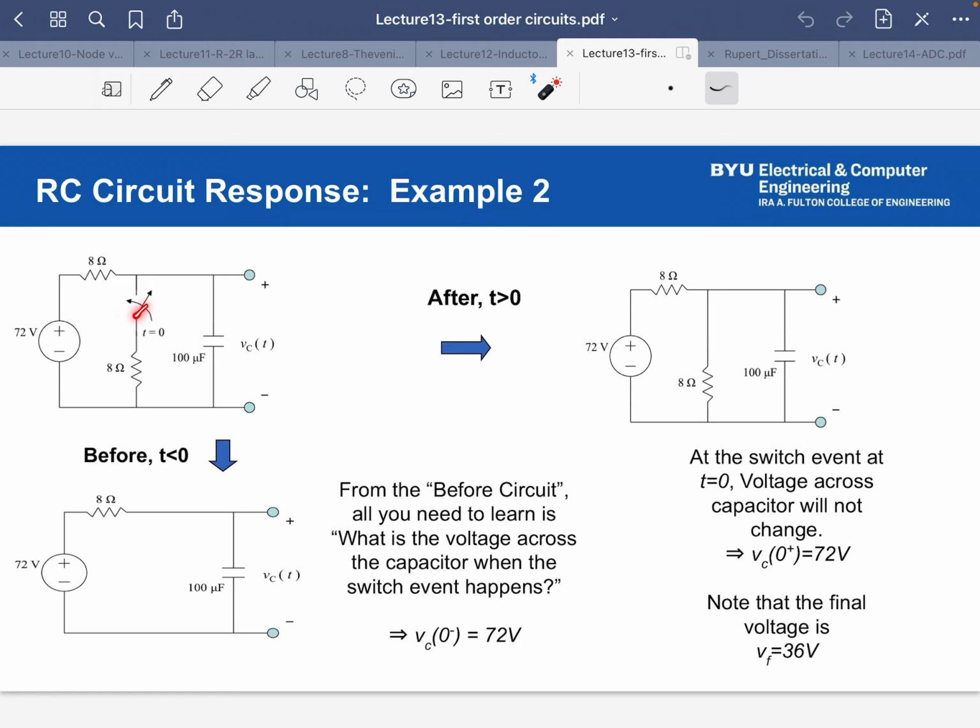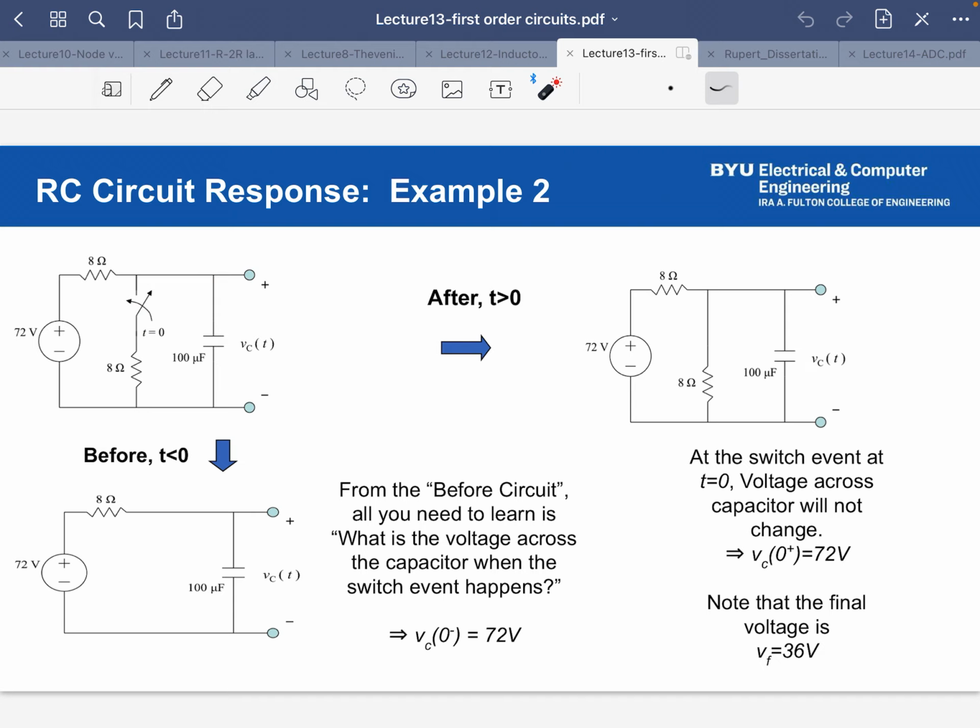Before time t equals 0, this switch is open, and essentially the capacitor can charge up. When the switch is closed at time t equal to 0, the voltage on the capacitor is going to try to drain through this other resistor.